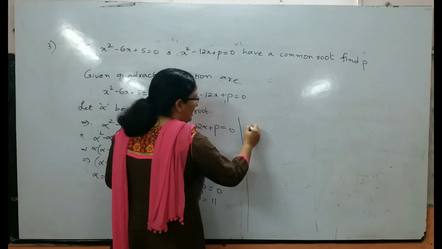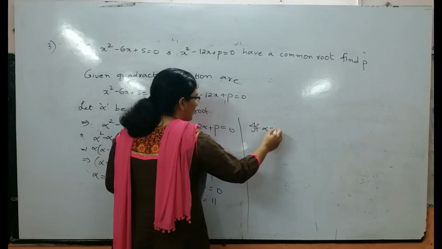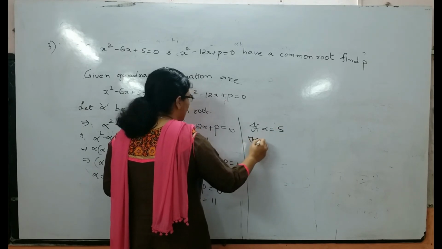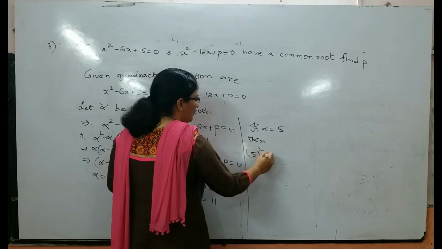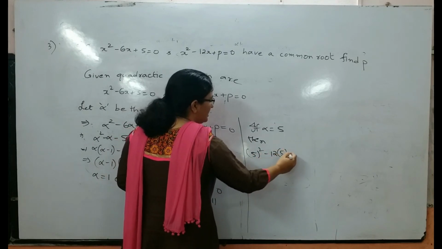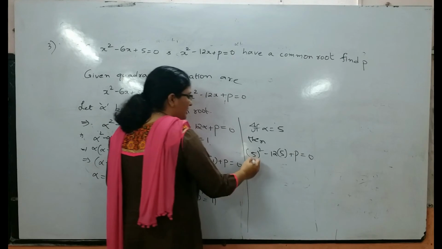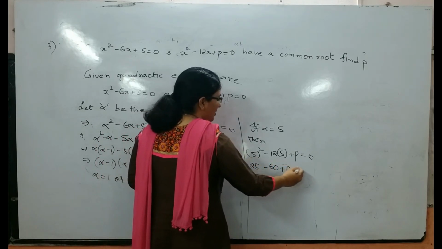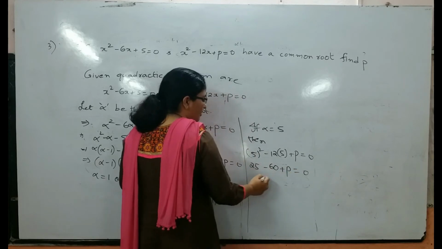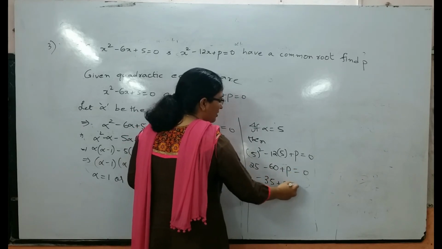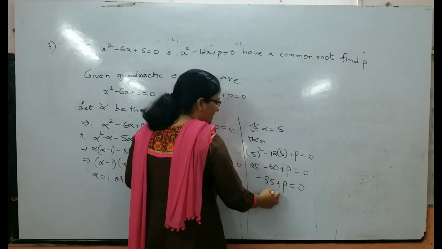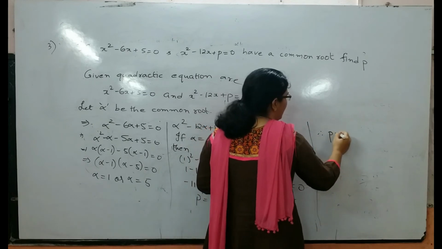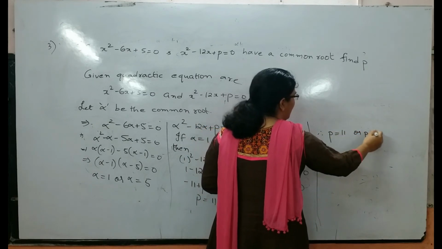Again, if alpha is equal to 5, then 5 square minus 12 into 5 plus p is equal to 0. 5 square is 25. 12 5s are 60 plus p is equal to 0. On subtracting this, you get minus 35 plus p is equal to 0. This implies p is equal to 35. Therefore, p is either 11 or p is equal to 35.